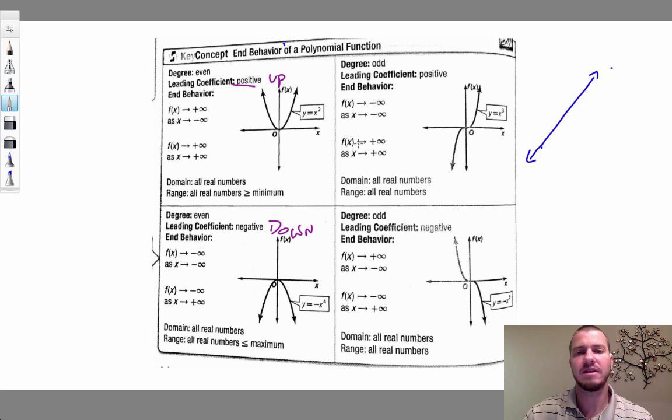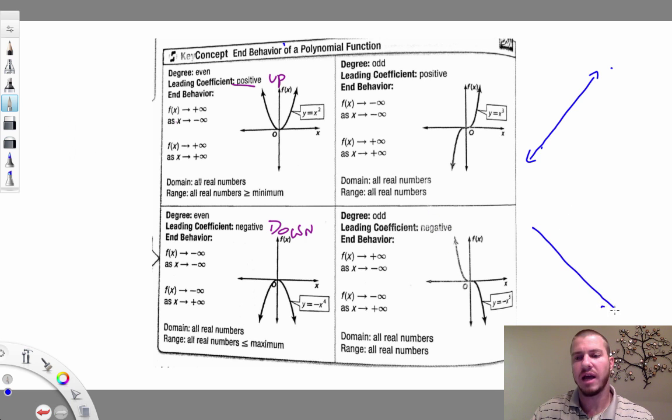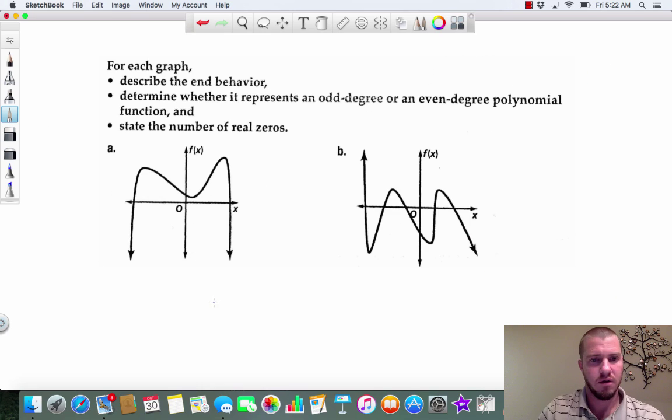And as x approaches positive infinity, f of x is approaching positive infinity, going up. So if it's positive, the two are going to match, whereas if it's negative, it's going in a negative direction, like a negative slope. A linear is an odd function, so it takes on the same characteristics, positive or negative slope, for all other odd functions.